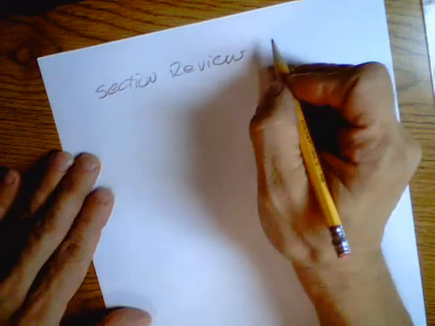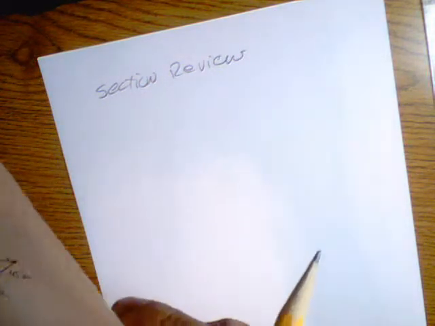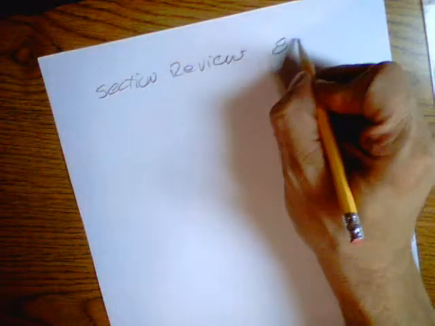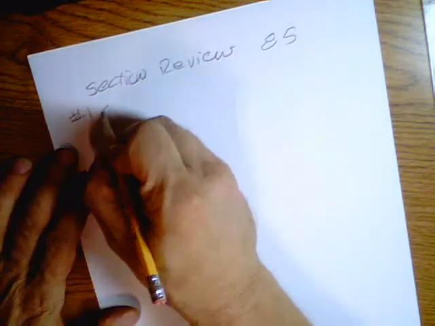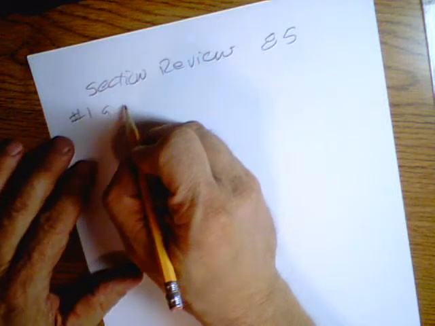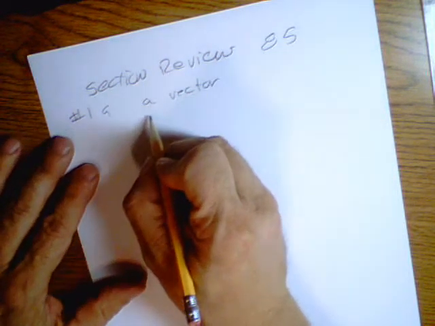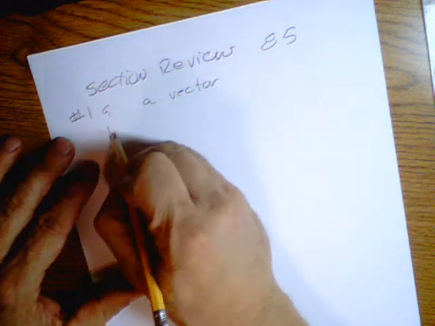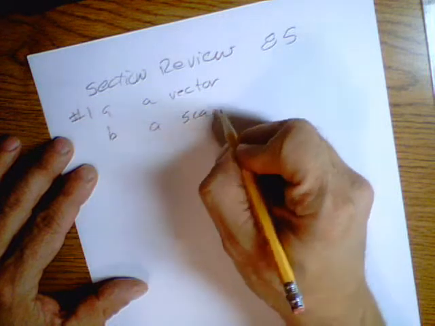The section review. I'm on page 85, number 1. Acceleration of a plane is definitely a vector. B, the number of passengers on a plane is a scalar.